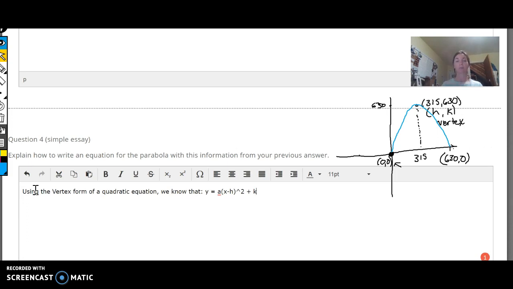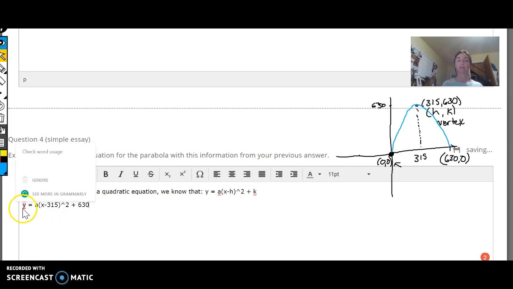So I'm just going to type this out. y equals a times x minus 315, remember that was my h value, squared, plus 630. Well, I can use any x and y values that are on this parabola. So I could use 630 and 0.